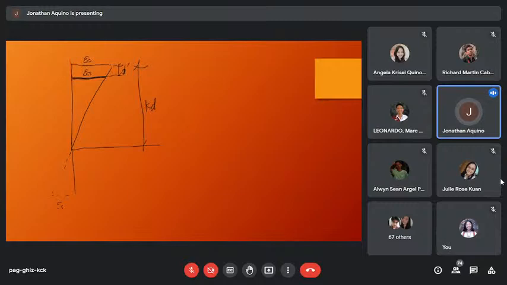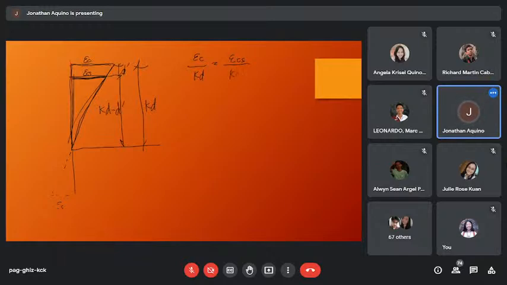So, by ratio and proportion, similar triangle, ease of C is to KD. So, the big triangle is equal to the small triangle. So, ratio and proportion, strain of compression steel divided by, this one is KD minus D prime.